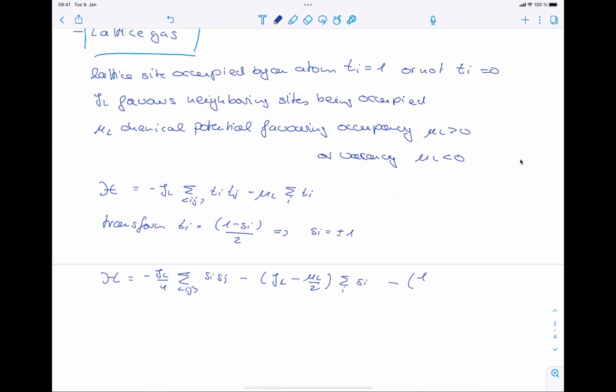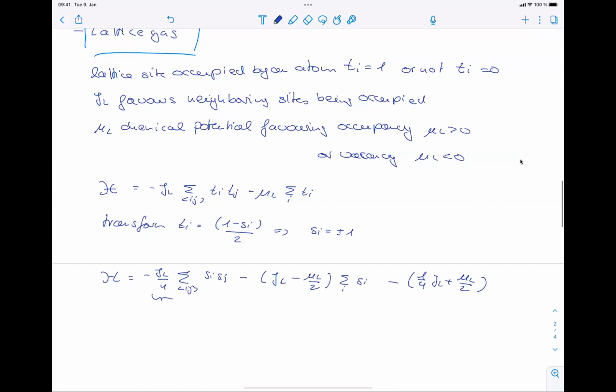And the constant term. And again, we can identify now here, this would be our typical exchange energy. This is the applied field, and this is a constant.